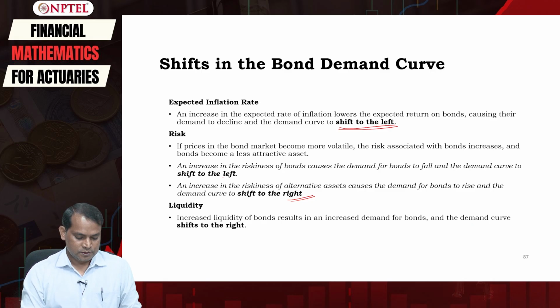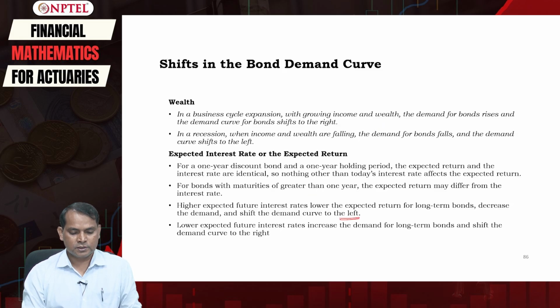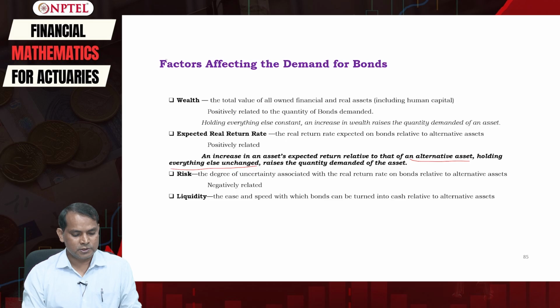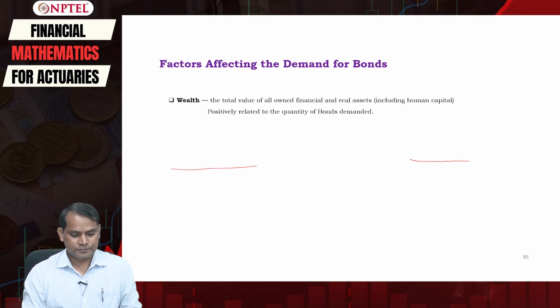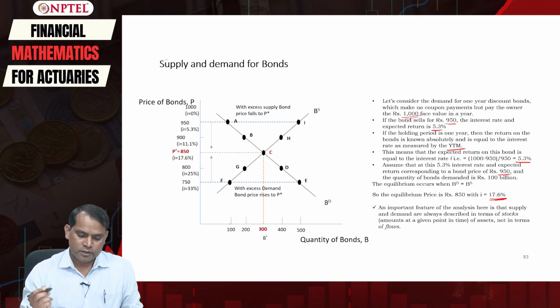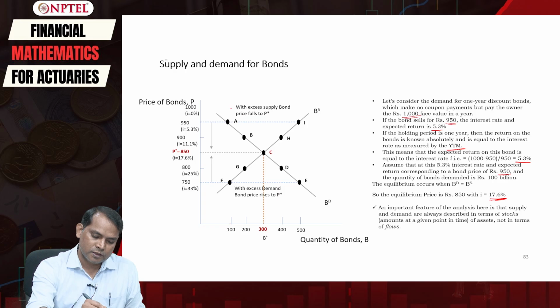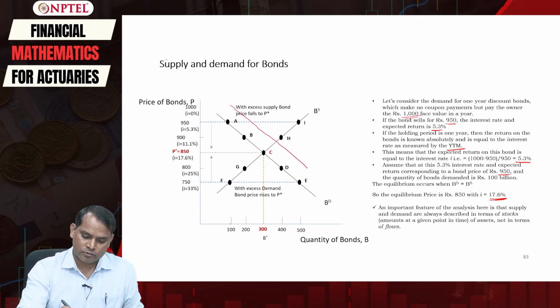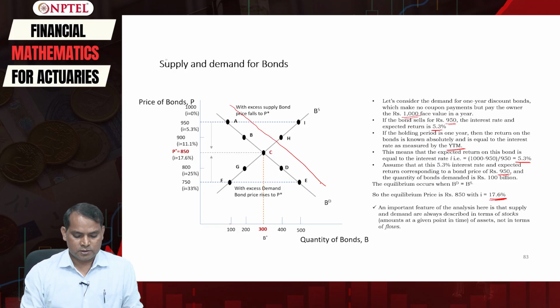Here we will see very clearly in our diagram that any variable that causes the demand curve to shift towards the right means the price is going to increase, and therefore the interest rate is going to decrease.